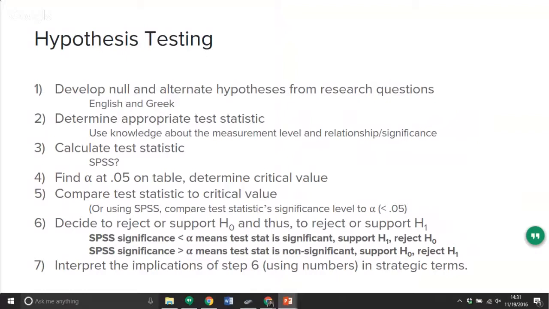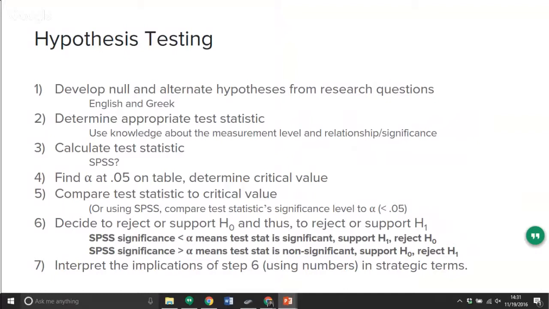So developing these hypotheses, we said hypotheses are testable statements. They are things that we go out and collect data and we test to see whether the hypothesis is supported or not. We develop those from the actual questions, right? So a hypothesis is a statement, and a question, well, obviously is a question.